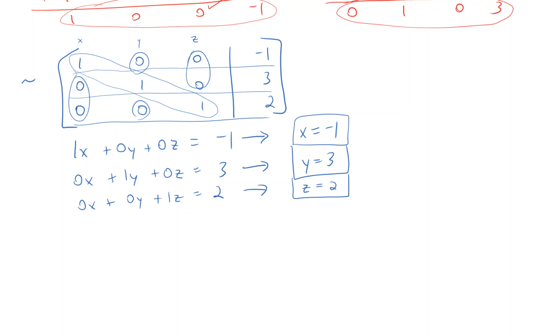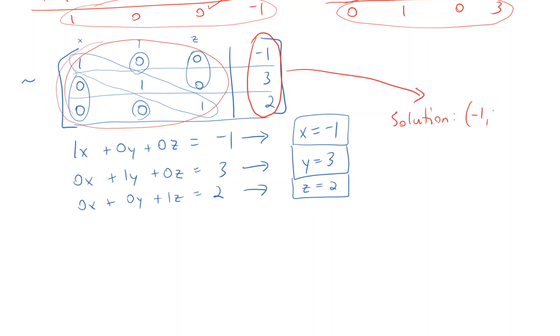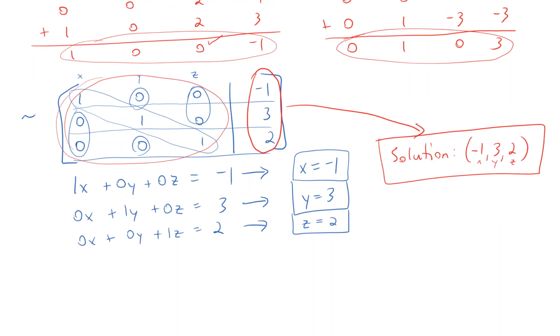So truly, when you get your reduced row echelon form, when the left side of your matrix looks like this, these numbers are your ordered triple. So the solution to the system is the ordered triple (-1, 3, 2).